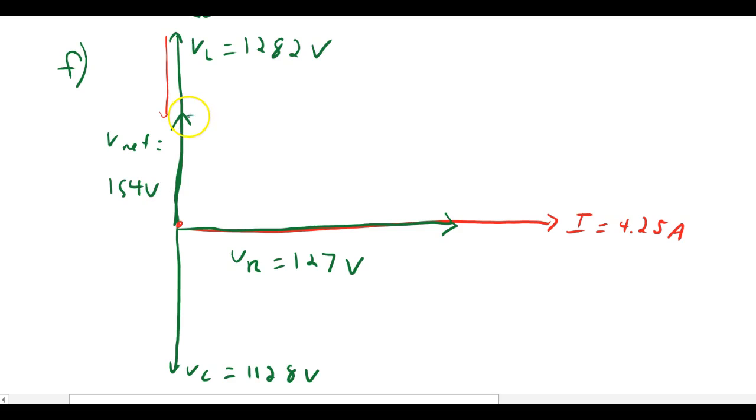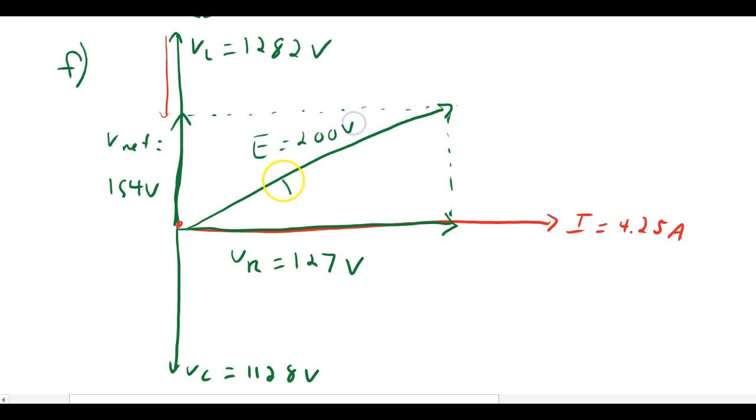And so V net plus VR should give us the resultant E equals 200 volts. The angle in here should be theta at 50.4 degrees lagging.